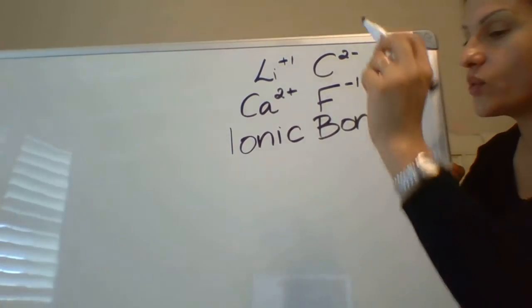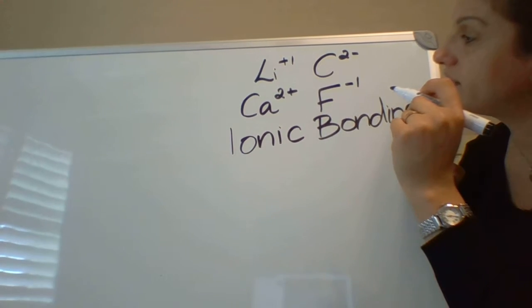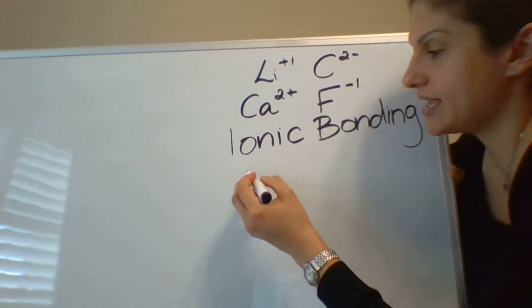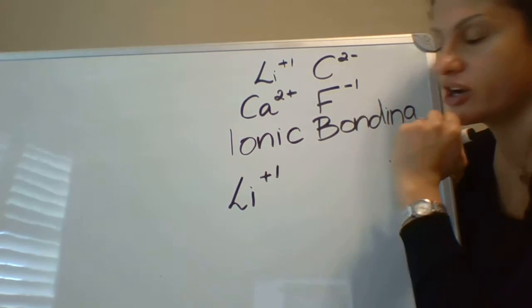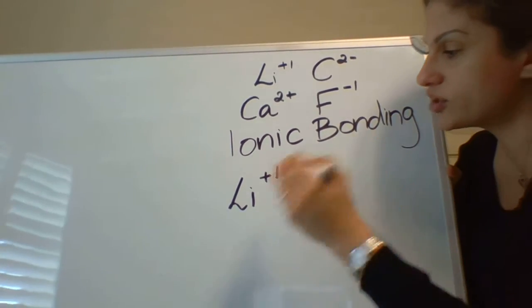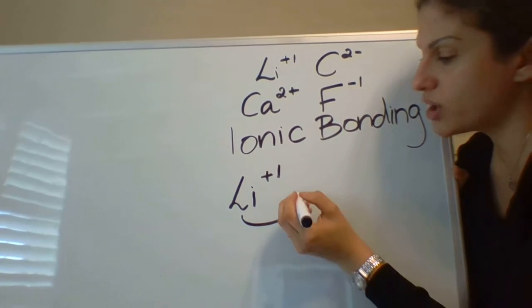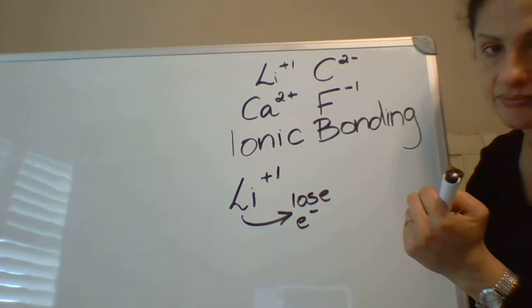So, let us consider lithium and fluoride. Lithium has a +1 charge in its ideal state, which means that lithium, in order to get that +1 charge, wants to lose an electron.